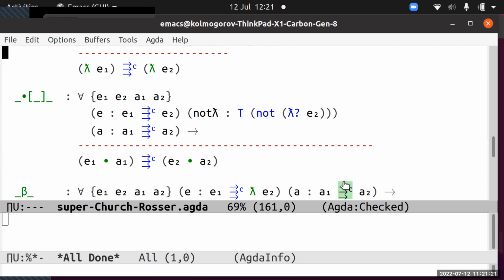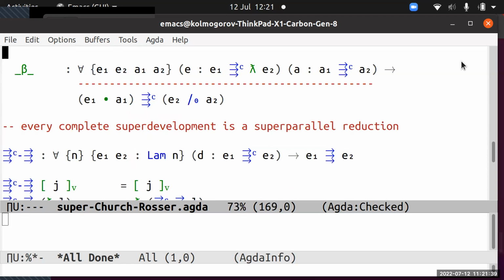And then here's beta, sorry about the wagging finger. So now I can just write directly because I'm allowed to write patterns. E1 complete develops to a lambda and its arguments reduce. And then given that, E1 applied to A1 complete develops to this thing, the substituted form.